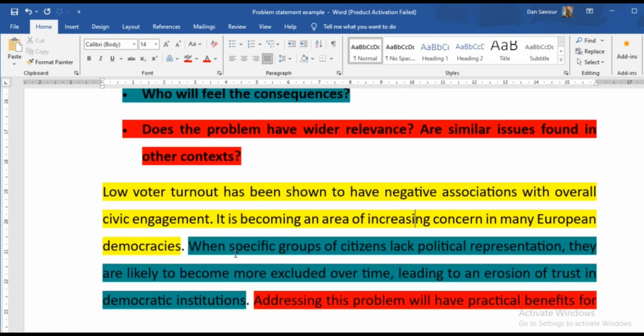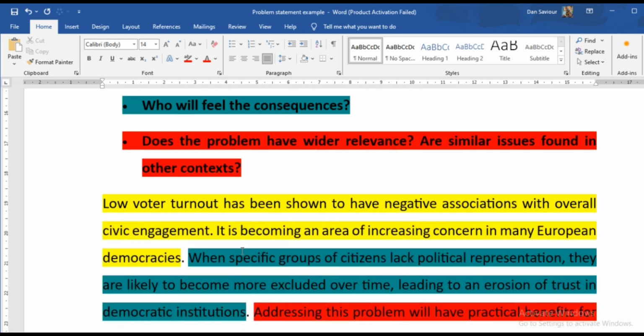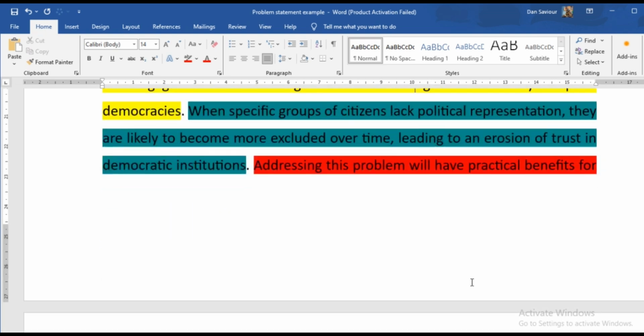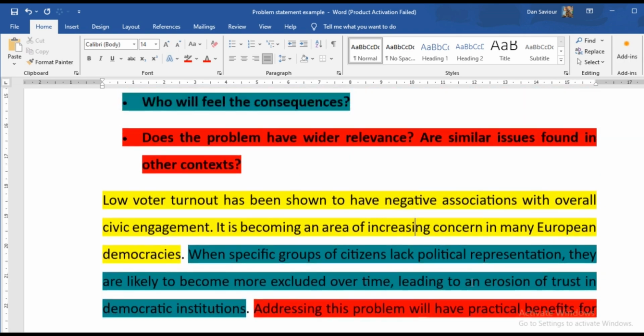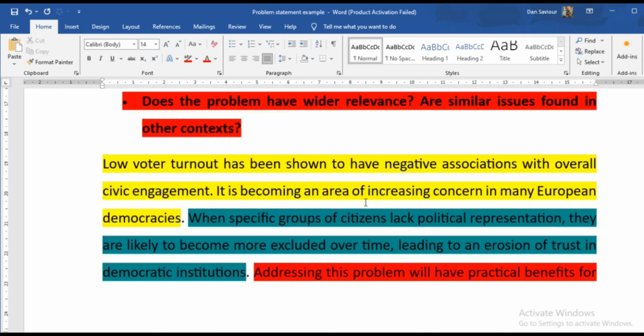Now the next one is who will feel the consequence? Now, when specific groups of citizens lack political representation, they are likely to become excluded over time, leading to an erosion of trust in democratic institutions. So we are saying that who will feel the consequence now, right?